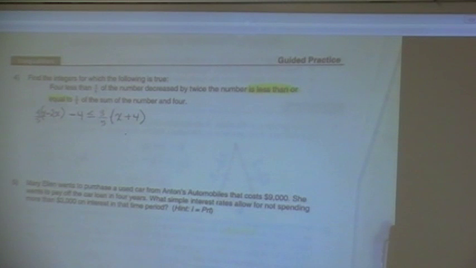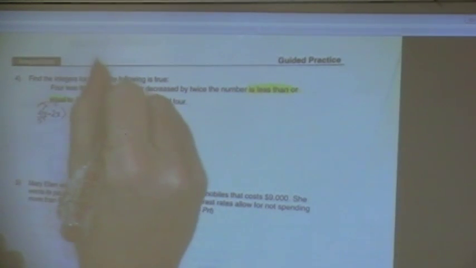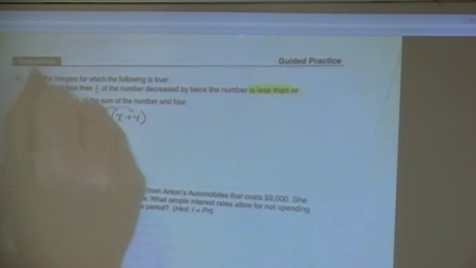Now you just solve. So we're going to distribute. Clear the parentheses here, so I got 4/5.